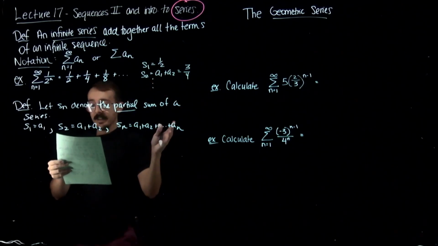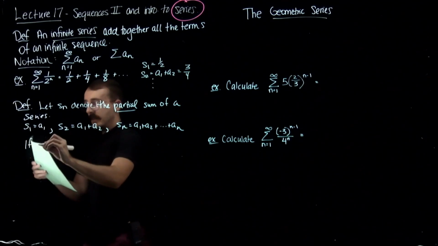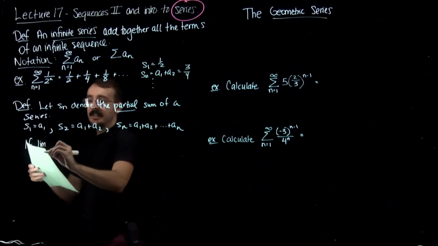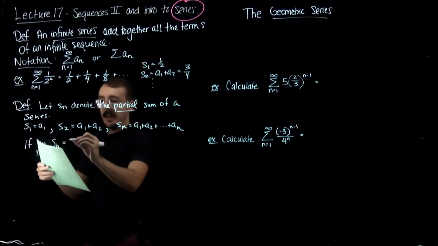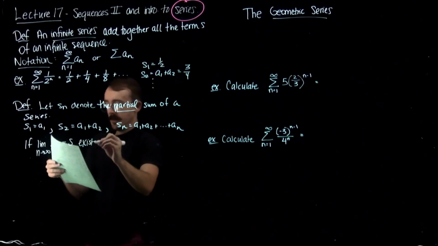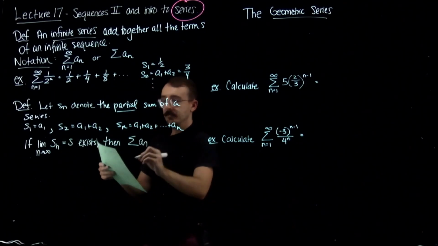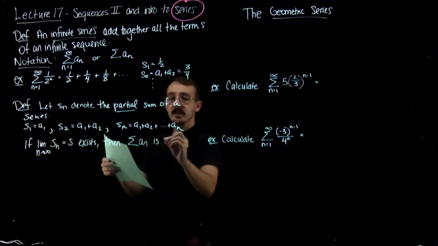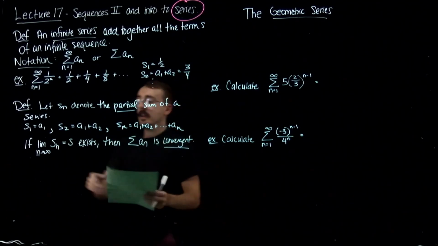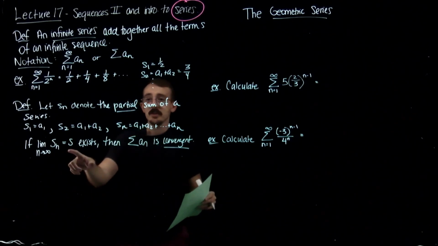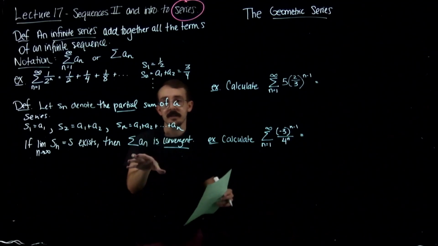Then this next thing is very important. If the limit as n goes to infinity of the partial sums equals s and it exists, then the infinite sum is convergent. So if you figure out that the partial sums actually converge to a number, that is the sum of all the members of the sequence.